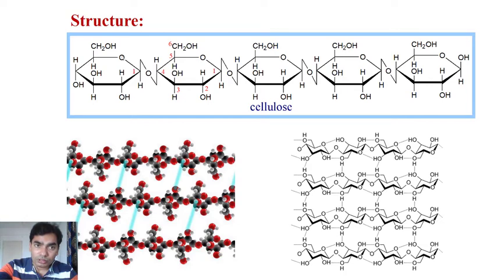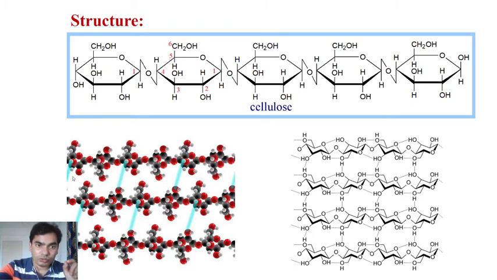One D-glucose molecule is connected with the other by 1,4 beta linkage. So there is a zigzag bonding, that is the beta linkage, right? The first carbon of the first glucose molecule and the fourth carbon of the second glucose molecule are connected through a glycosidic bond, that is called a beta 1,4 linkage.